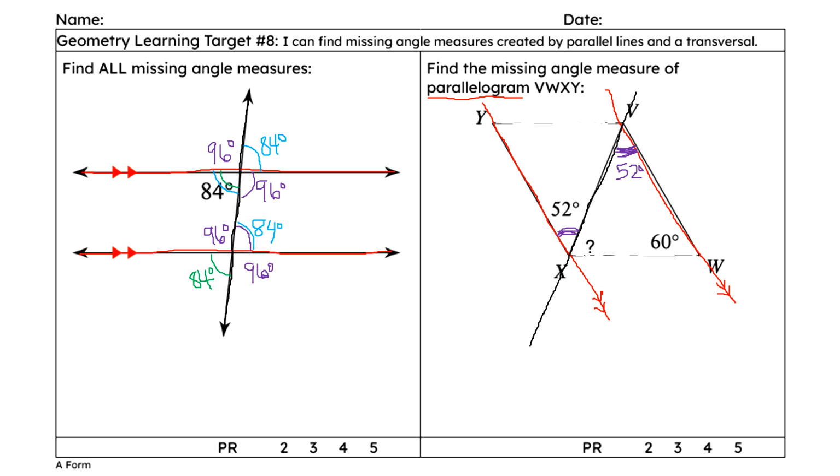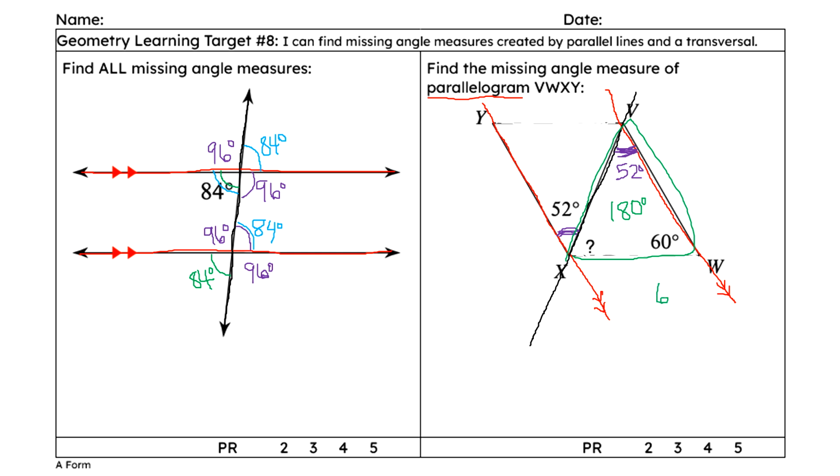So that one at the top there also has to be 52. Now that was super helpful because now I've got this triangle WVX that needs to sum to 180 degrees, and lo and behold, now I've got 2 out of the 3 of the measurements, and I can figure out what that question mark has to be.